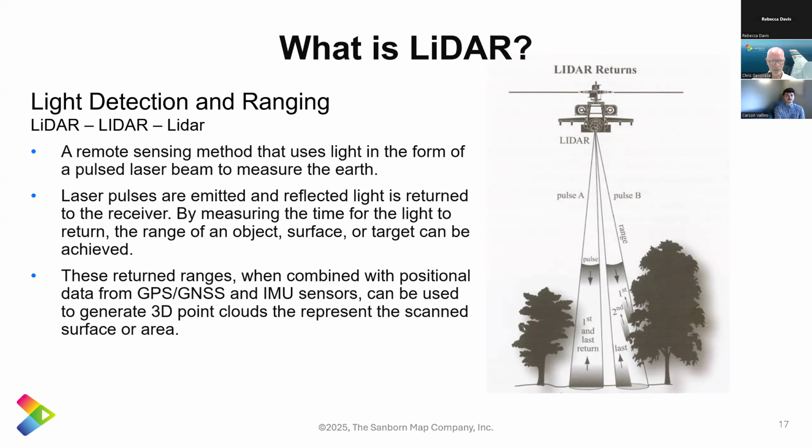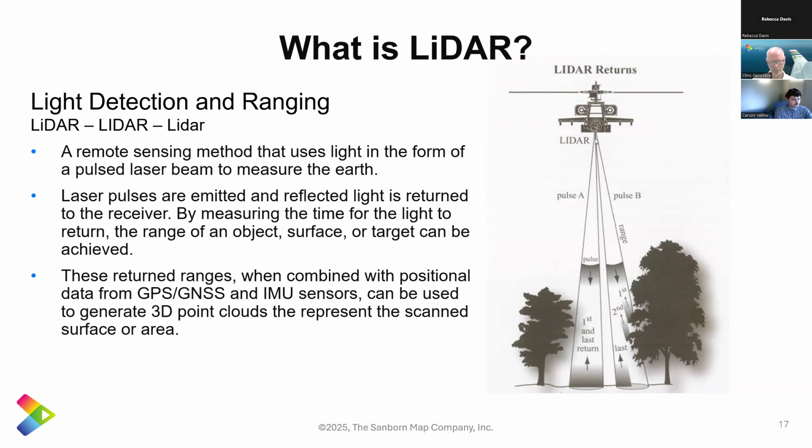There are several different types of LiDAR, but we'll stay with the general type that we're talking about here. One thing to note, if you look at the diagram there, is that LiDAR will bring up multiple types of information, and one of those is how many returns. In the case where there's an unobstructed line of sight from the sensor to the ground, there's basically one return, and that will be called our first and last at the same time.